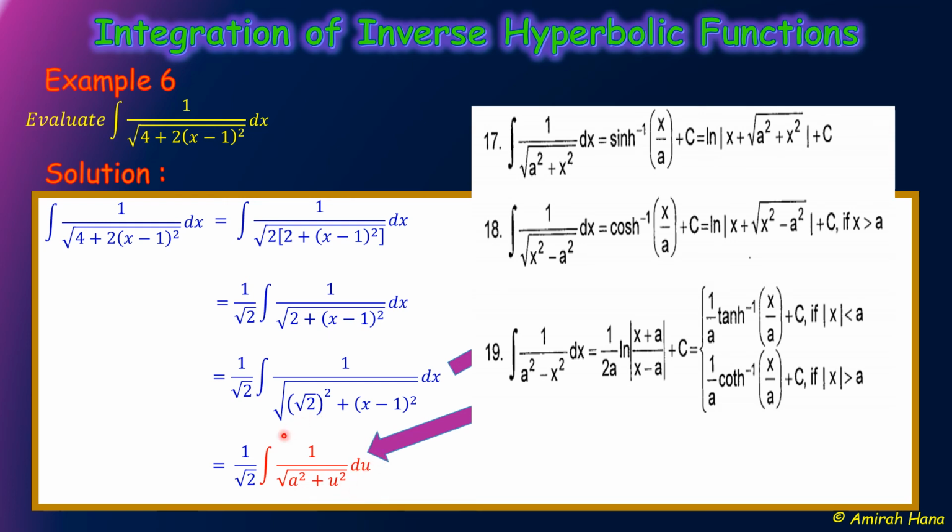Okay, look at the red font. So when we compare with the formula in the appendix, it should be similar to formula number 17. Because in the denominator we have a square root, and then a comes first, and in between is plus, and then x squared.